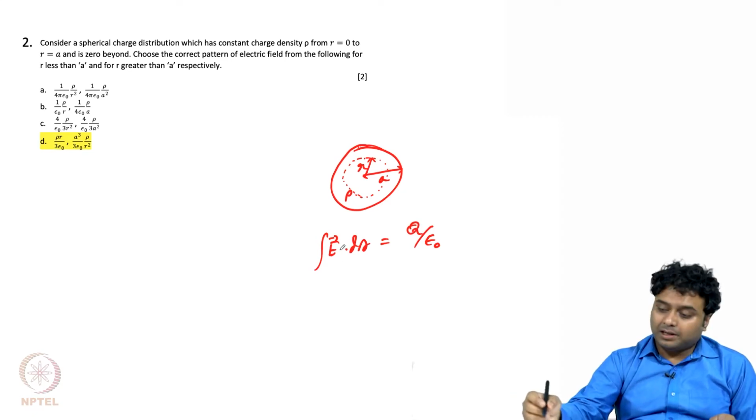Now as it is spherical symmetry, this E is constant over the whole surface, where the magnitude of E here and here will be the same, right.